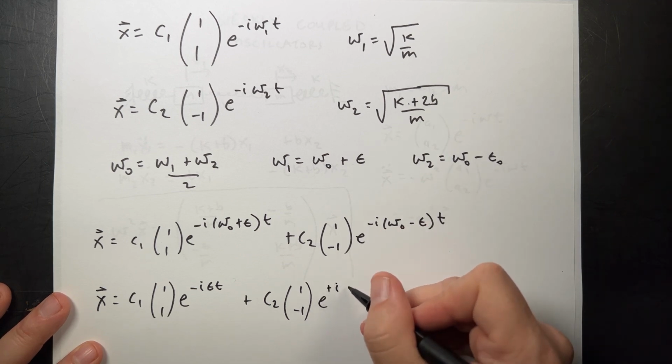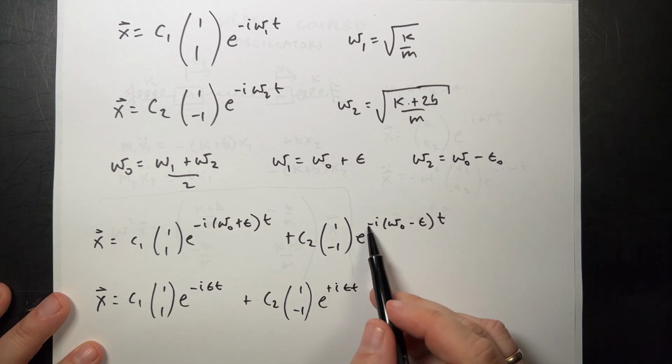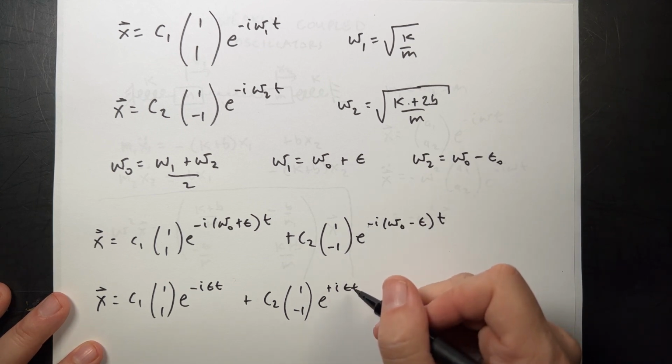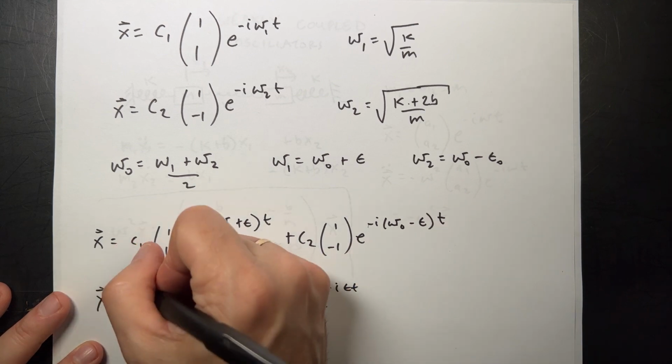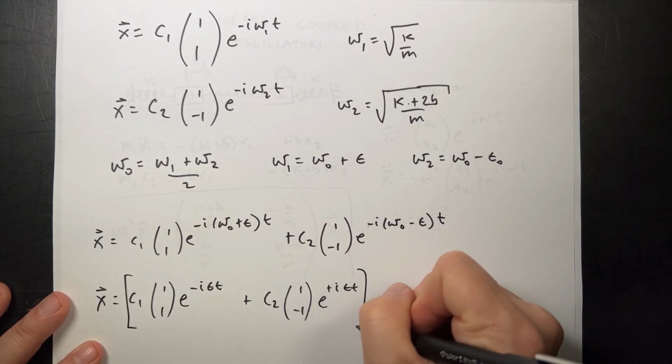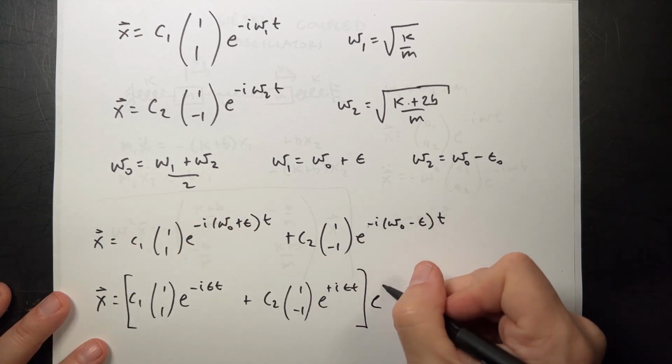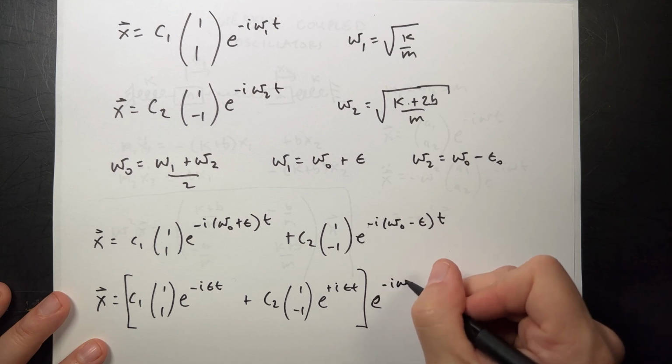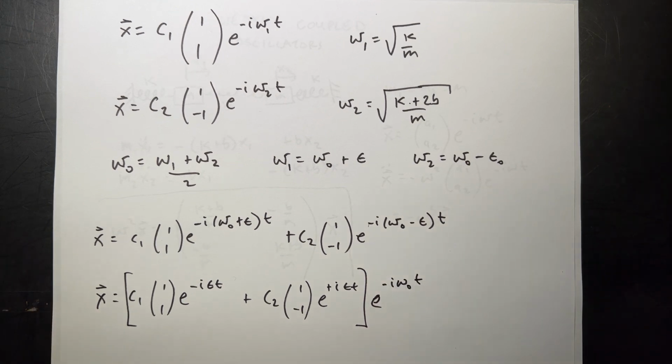Plus i epsilon t, because minus times minus is plus. And then I multiply that by e to the minus i omega 0 t.